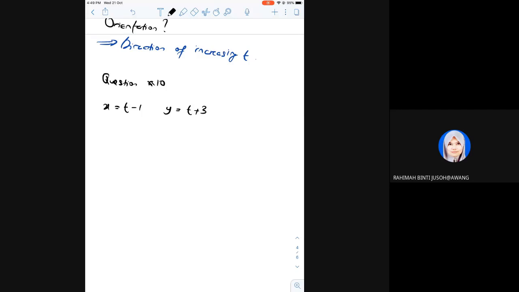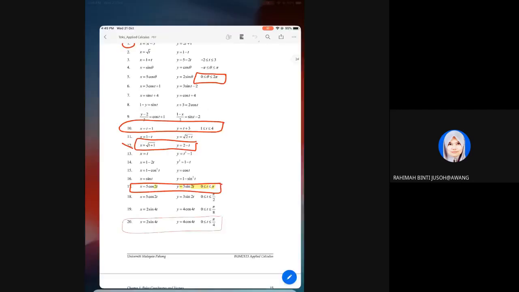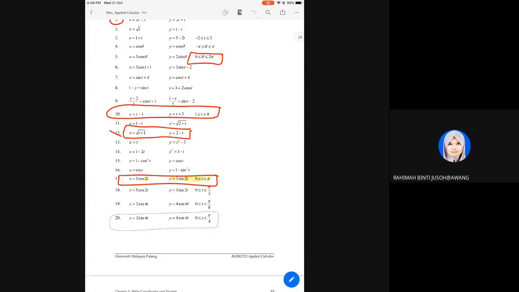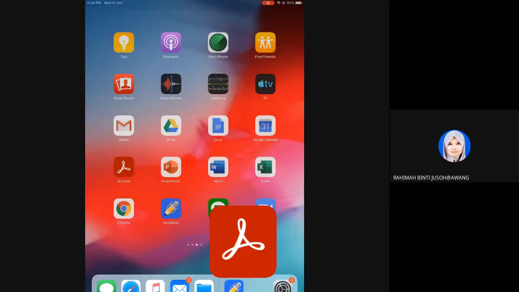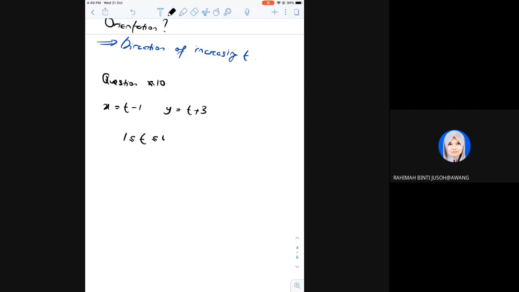And then it says that the interval of T is from 1 until 4. Okay, 1 until 4. So we have to follow T from 1 to 4 exactly.